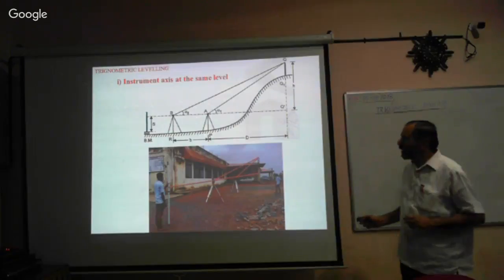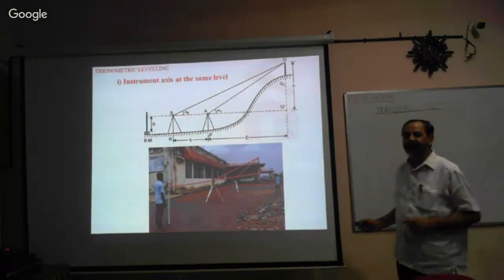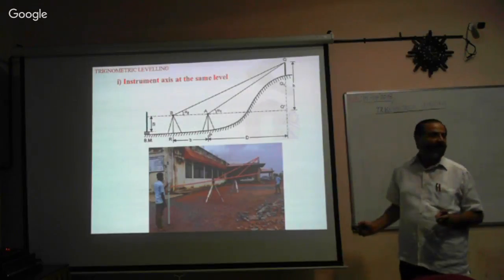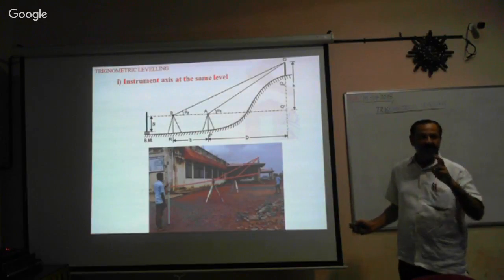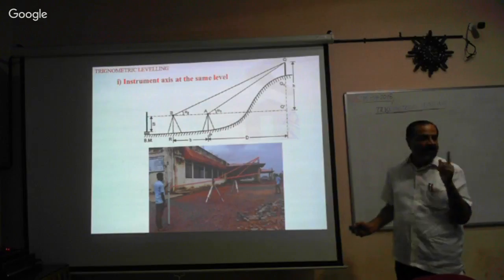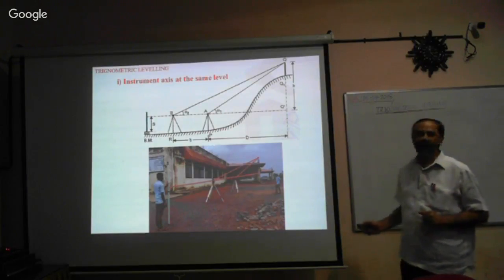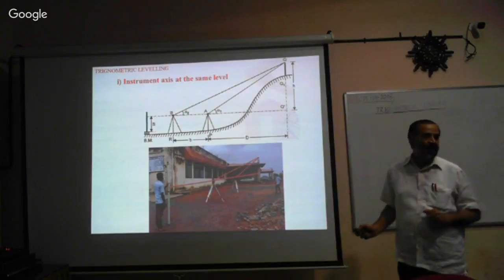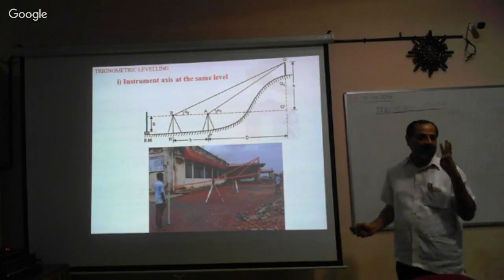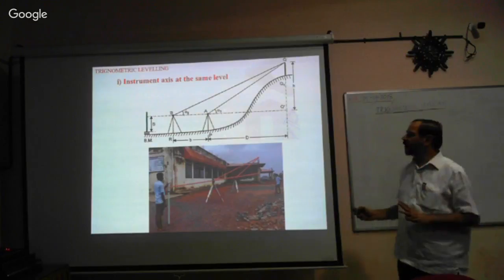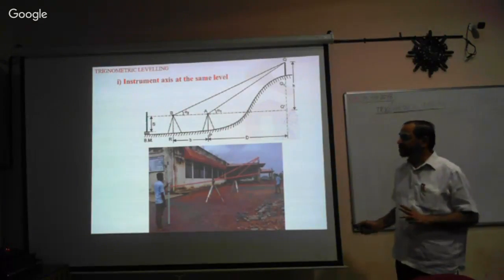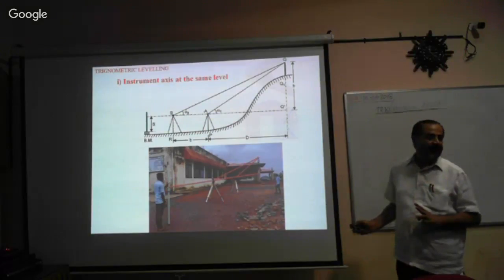Then the instrument is shifted to the next station, at a known distance, that is B, isn't it? Now how many data do we have? We have three data: one is alpha 1, the other one is S, and also the distance.